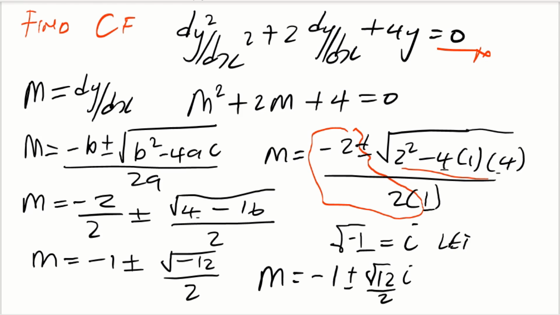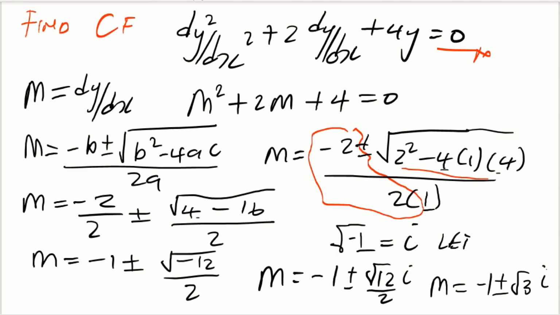If you punch root 12 divided by 2 on your calculator, you'll get root 3. So you can leave your answer in this form, or you can say minus 1 plus or minus root 3 i.